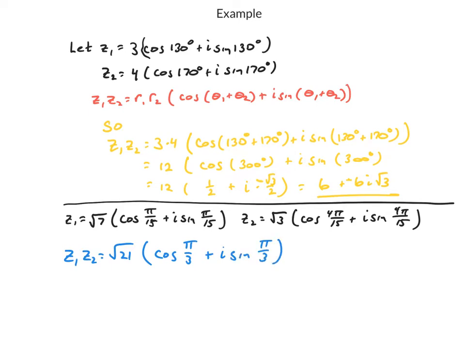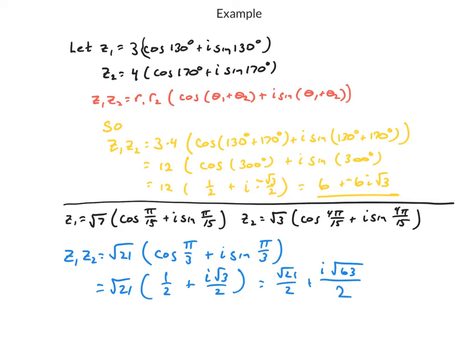If I want that in rectangular form, it'd be the square root of 21 times 1/2 plus i square root of 3 over 2. Or I could multiply it out: I'd have square root of 21 over 2 plus i times the square root of 21 times 3, which is 63, over 2. I could simplify it if I want, but that would be fine as well.